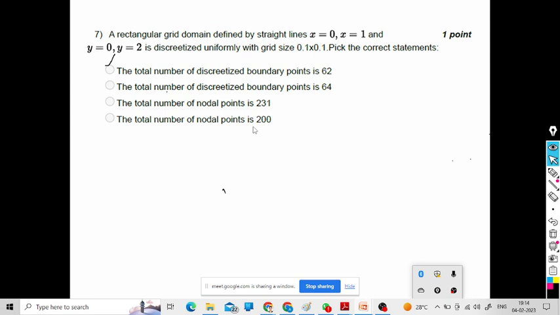So just take this delta x on the RHS. You will get the required solution. So you will get the first one.